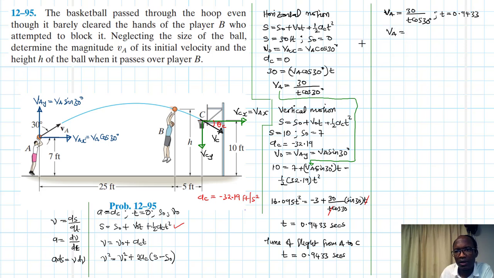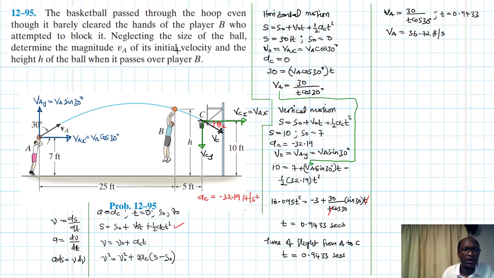Therefore, our VA is just equal to 30 divided by 0.9433 times cos 30. Okay, so this gives us 36.72 feet per second.